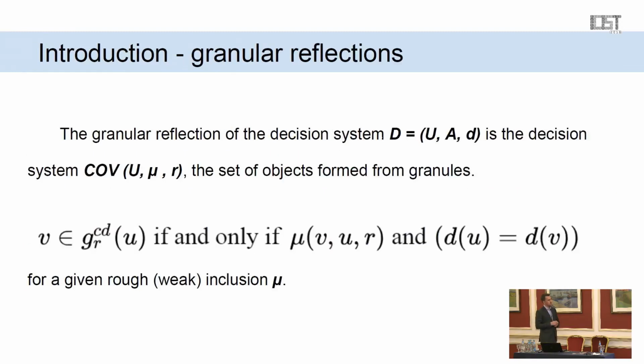So a few words about concept-dependent granulation. Concept-dependent granulation is a granulation which is made only in the same decision class, so we are comparing only objects with the same decision class value. And in this standard and concept-dependent granulation, the granulation process was performed for every attribute.